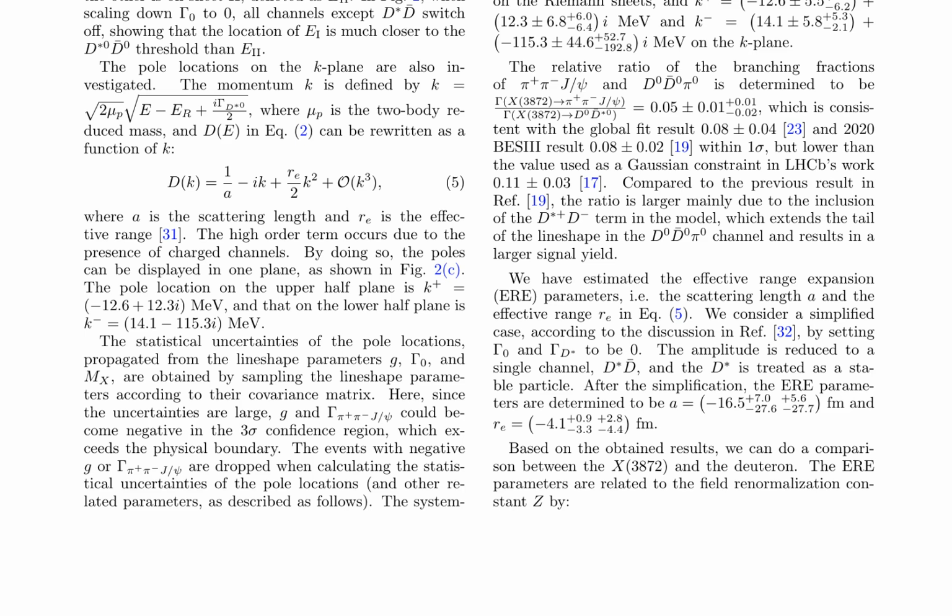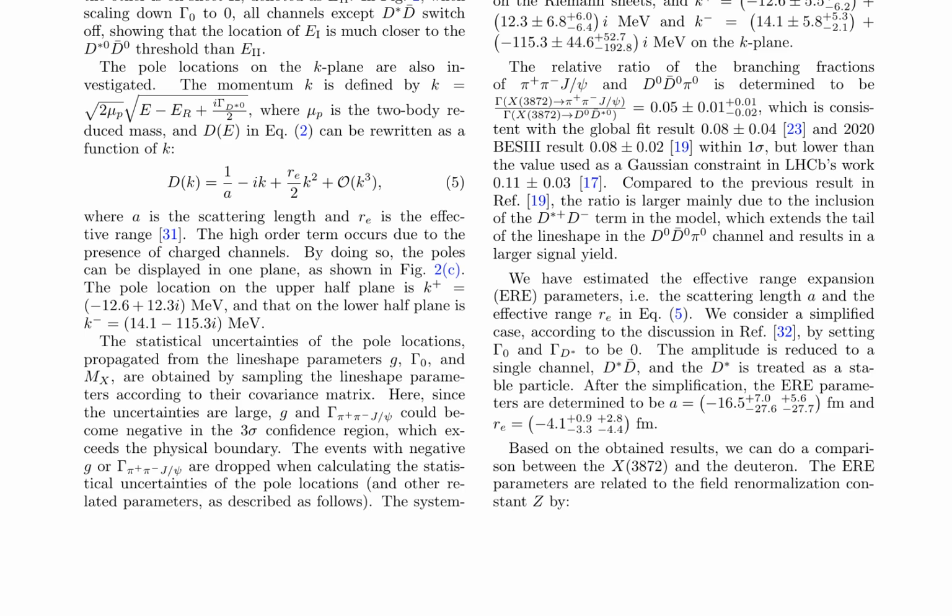Furthermore, the effective range expansion parameters, scattering length a and effective range r, are estimated to be -16.5 (+7.0, +5.6, +27.6, +27.7) fm and 4.1 (+0.9, +2.8, +3.3, +4.4) fm, respectively. These parameters are crucial in understanding the X(3872) resonance's properties and its nature as a virtual state.